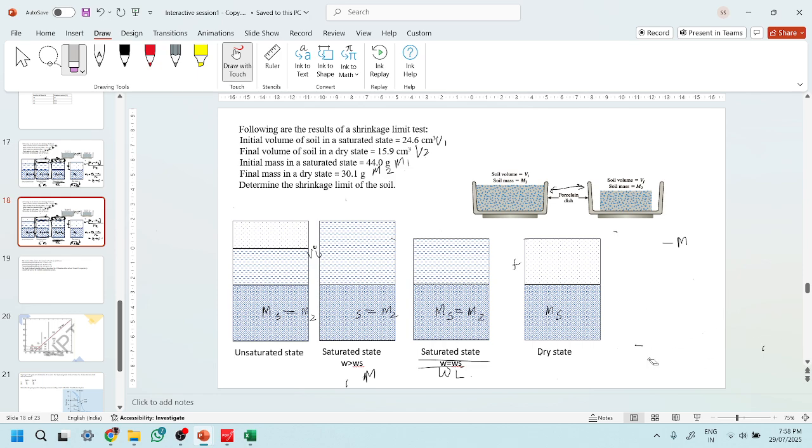We calculate this volume, which will be V initial minus V final, and then we subtract this mass from this state, then we will come to the saturated state or the shrinkage limit. Then the liquid limit here will be our water content or your shrinkage limit. And that is what we try to do in this.